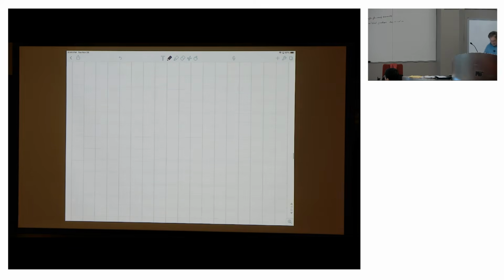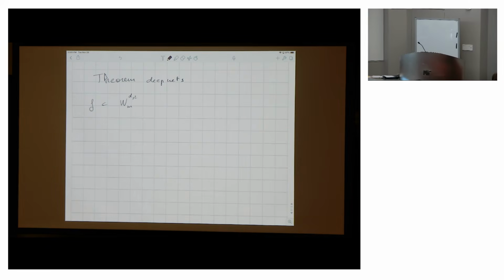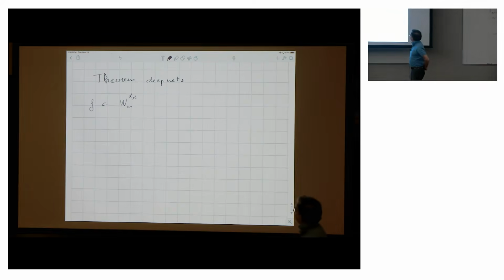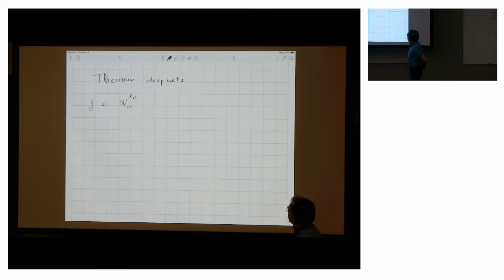So the theorem that I want to show for deep nets is again in the same framework. The functions are in W, let me give this specific, 2M. So now I have again this Sobolev space of functions with continuous derivatives up to M, bounded derivatives.